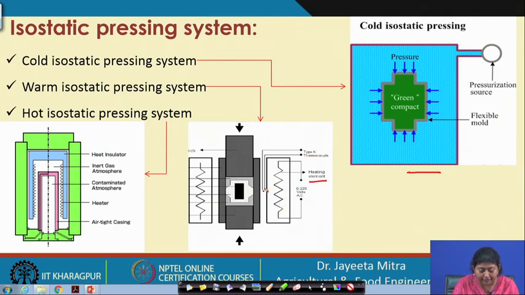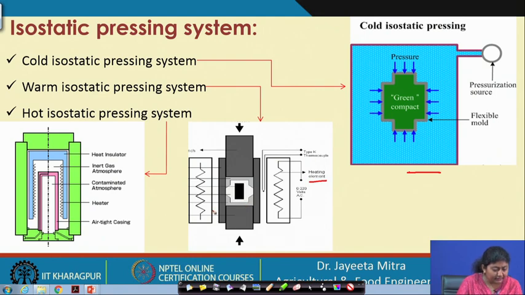There is a thermocouple attached which controls the temperature of the two heating sections, and the food or the material is inside the pressurizing chamber. So, this is warm isostatic pressing.